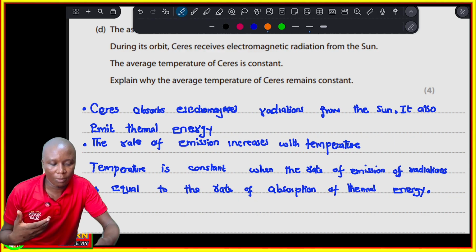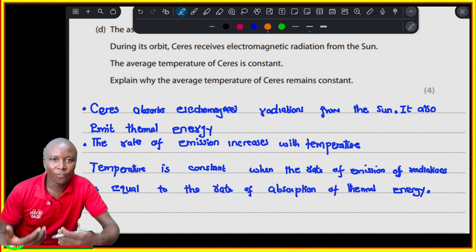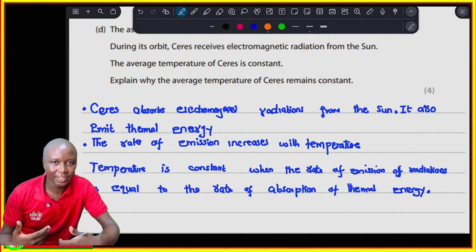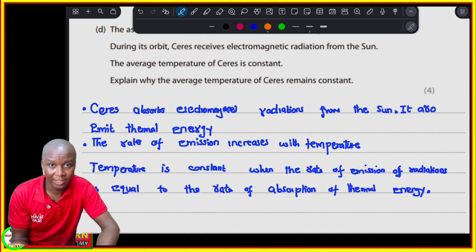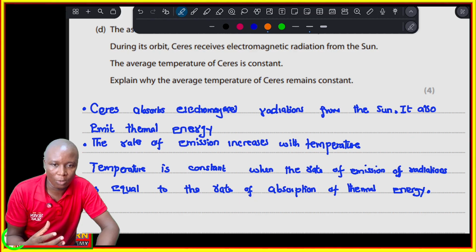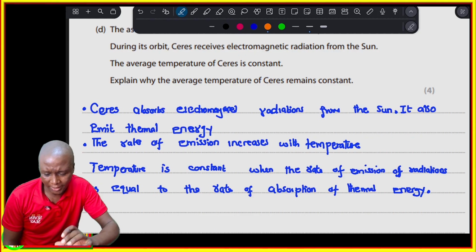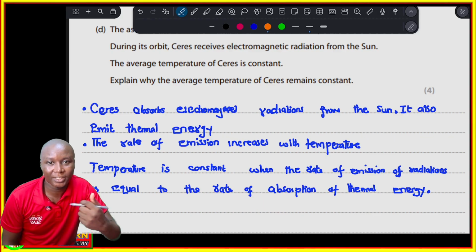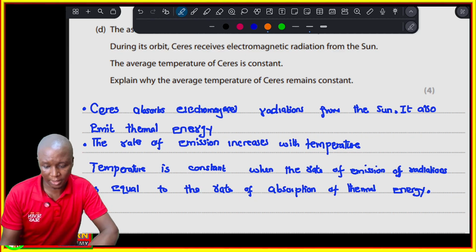So Chaos absorbs electromagnetic radiation, and as the rate of absorption increases, the rate of emission also increases. So the more heat this asteroid absorbs, it also emits. The temperature is going to be constant on the condition that the amount of heat absorbed is equal to the amount of heat emitted. And that is the logic we are supposed to give in this particular question.